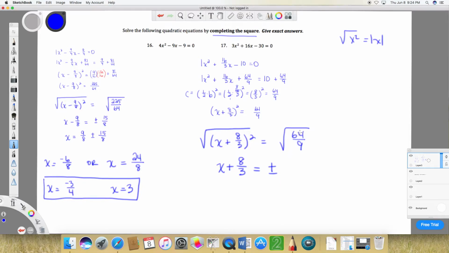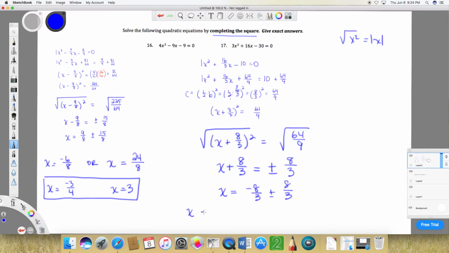So here I can take the square root of 64, which is 8, take the square root of 9, which is 3, and so if we subtract negative 8 over 3. What do we have?